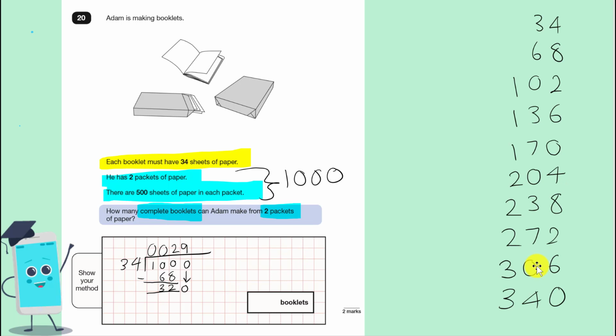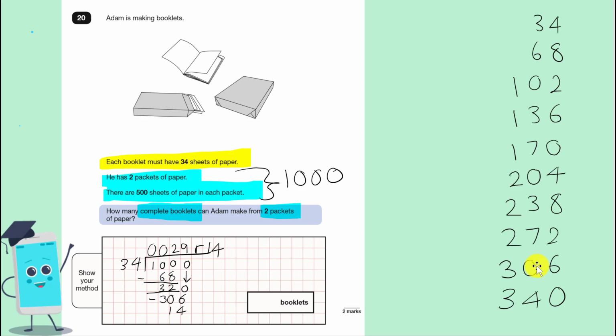I need to prove that now by writing 9 times 34 underneath my 320 and subtracting that, and I'm going to have 14. So my answer, I could go on to write it as decimals, but I know that I can make 29 packets with 14 pieces of paper left over.